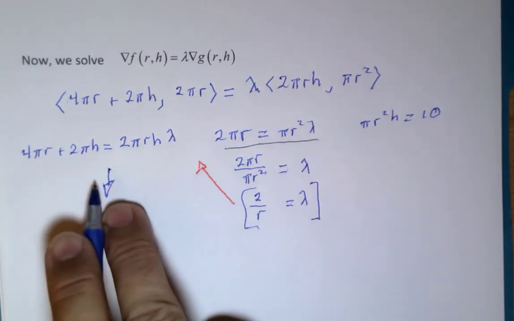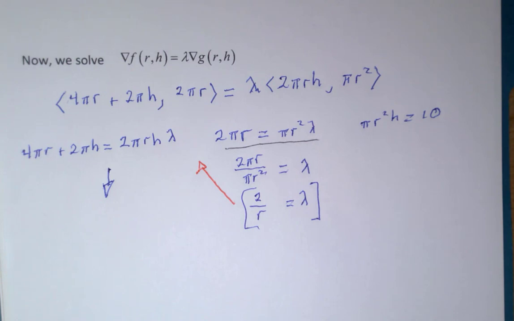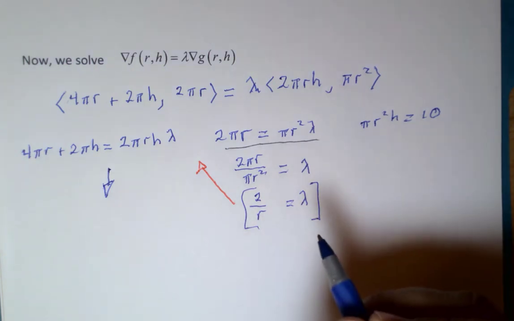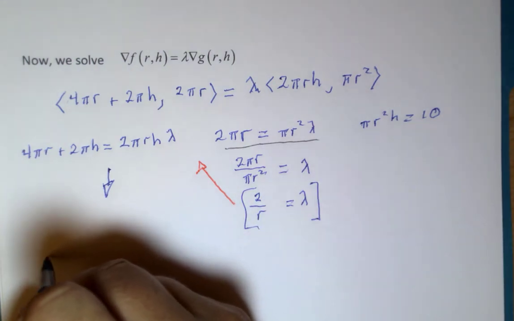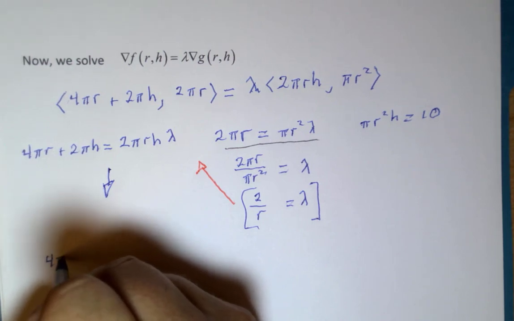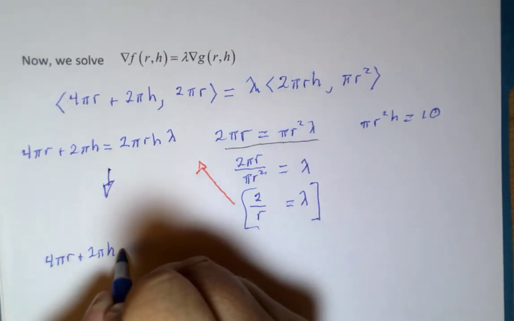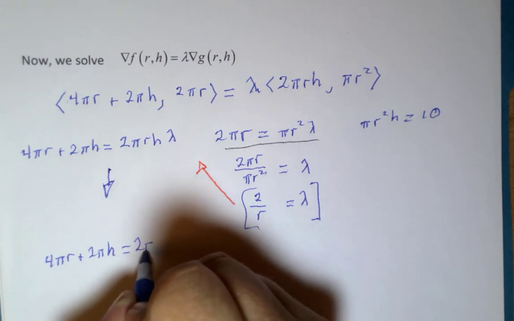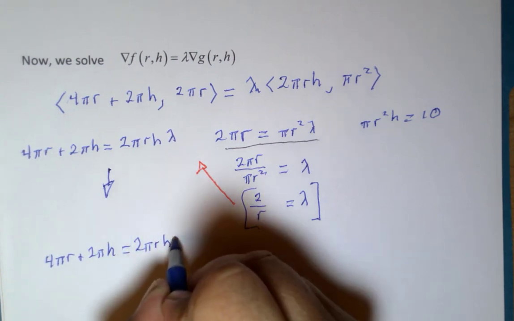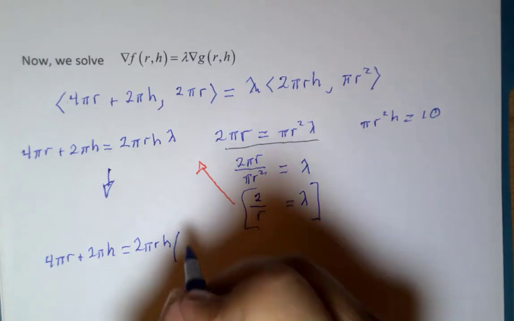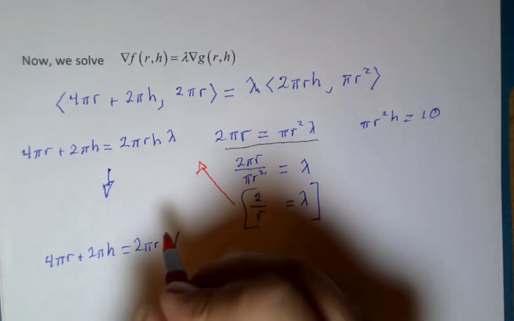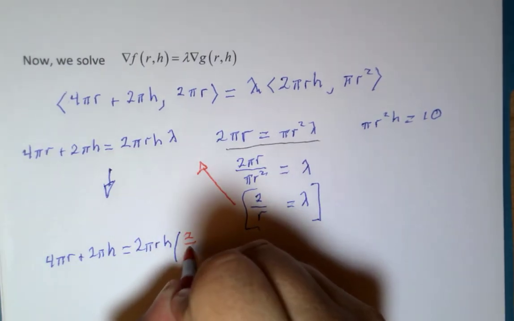I'm using arrows to at least give you a map to follow later on. Let's see. 4 pi r plus 2 pi h equals 2 pi r h, and lambda would be 2 over r. Alright, 2 divided by r.